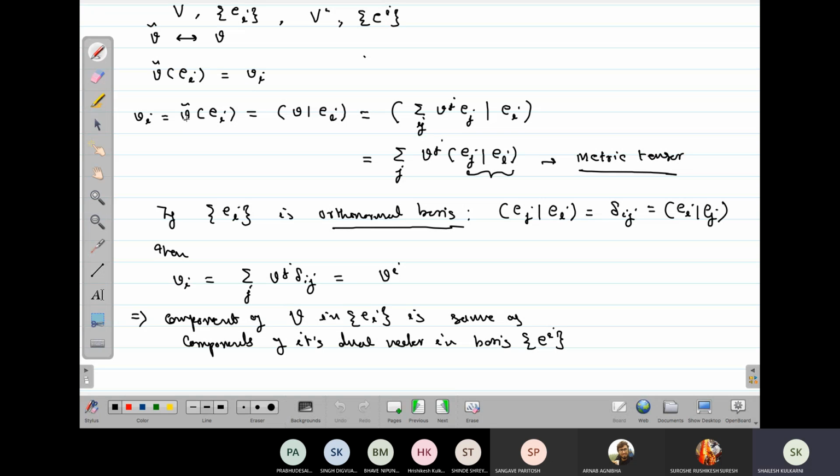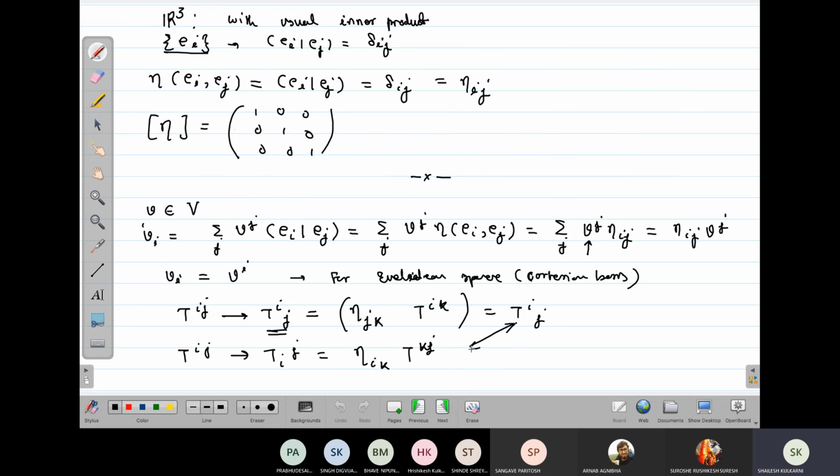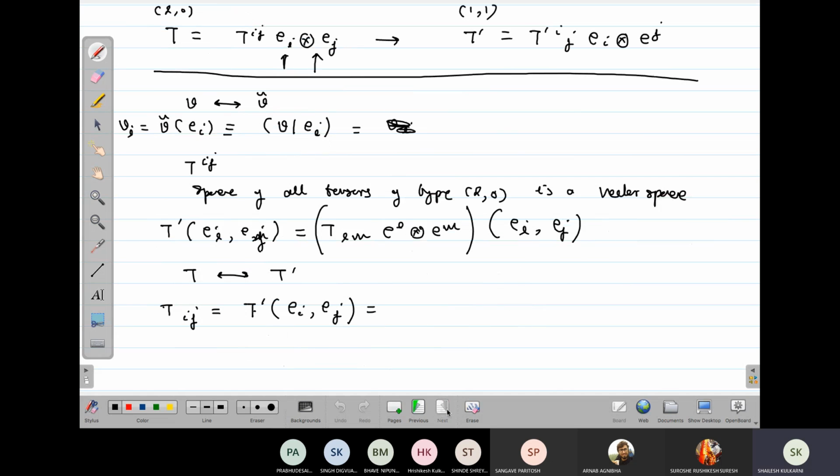Now in place of V tilde you have T prime, and instead of EI you have EI comma EJ. Now you apply this successively. You take this quantity and apply here and here successively. You require two etas for that. This is how this eta is coming. Is it clear? What I mean is the following.